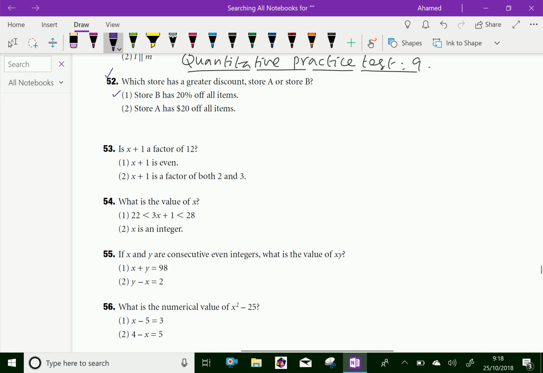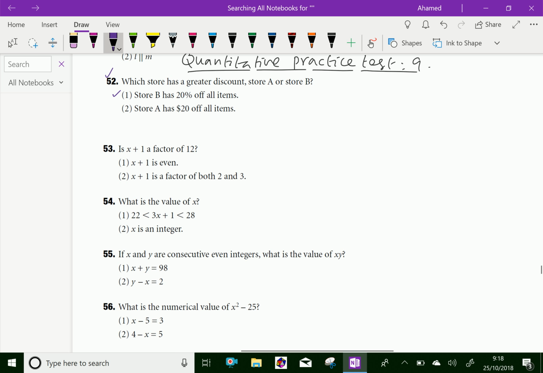Here, we cannot compare which store has a greater discount, because only the discount percentage is given in both, a percentage on all items, but there is no information about what items or what price. So statement 1 is not enough.